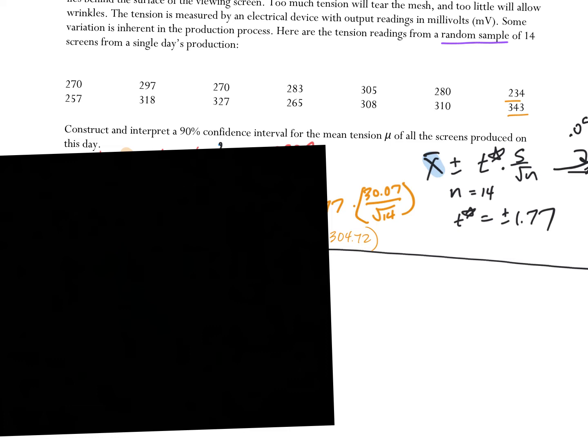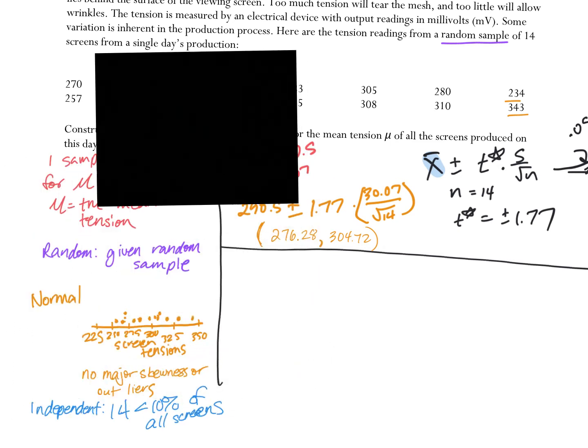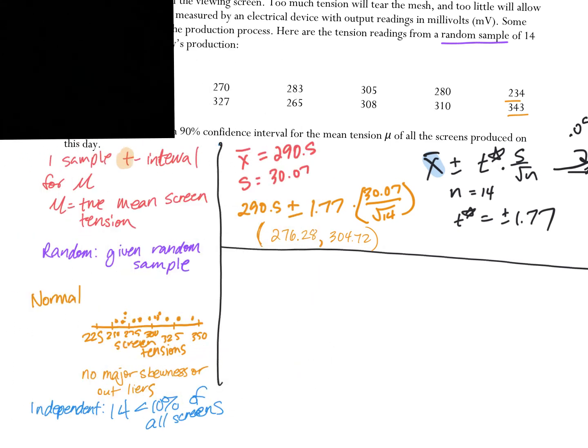All right. What do you think we should do next? Make our conclusion. Does anybody want to guess what the start of our conclusion is going to be? We are 90% confident.